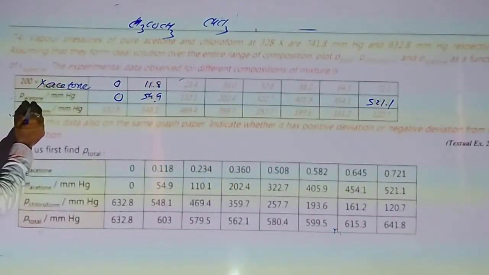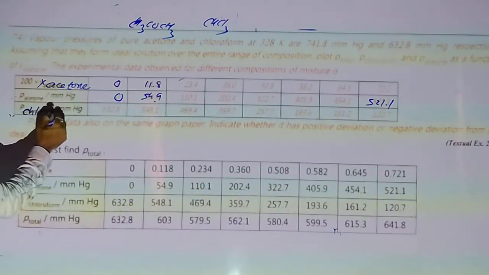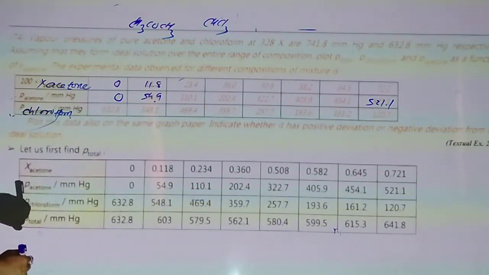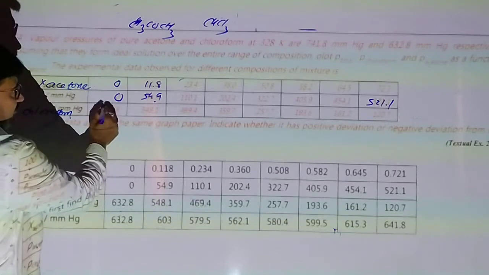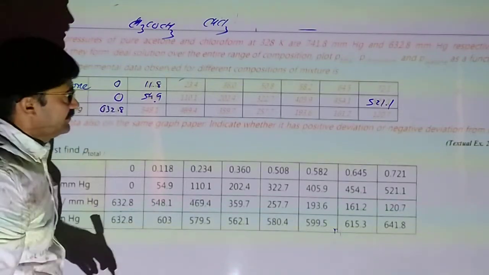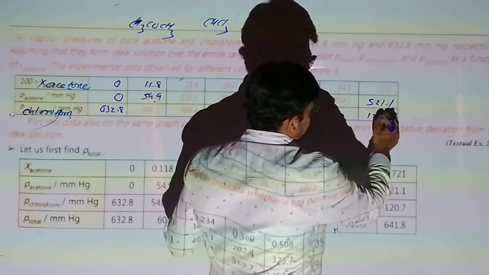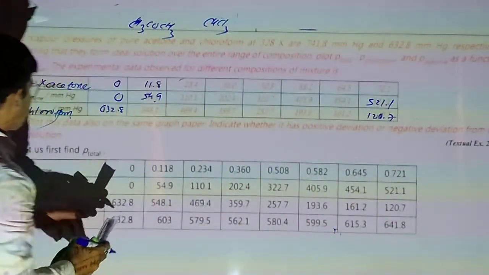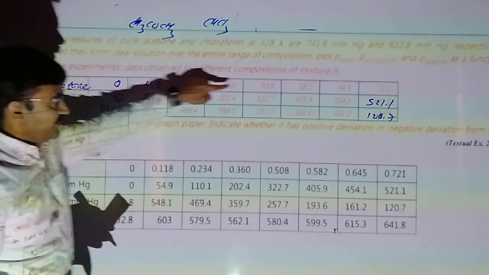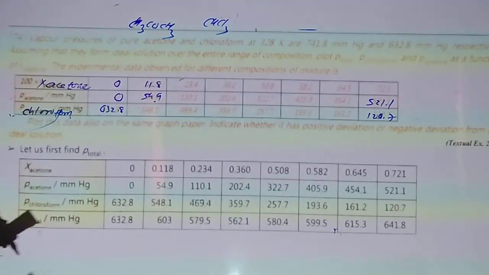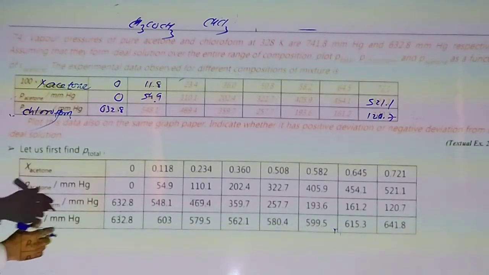Now chloroform. The partial pressure decreases, 120.7. As the mole fraction of acetone increases, this is quite natural. Here let us first find P total.